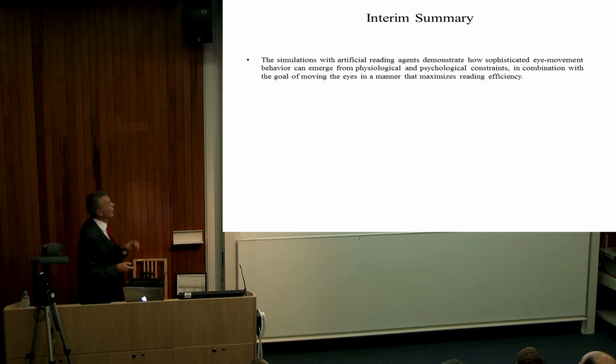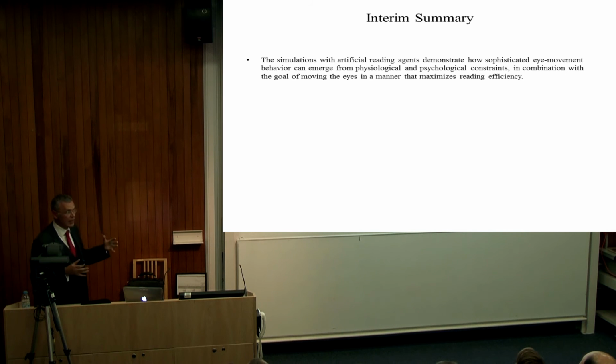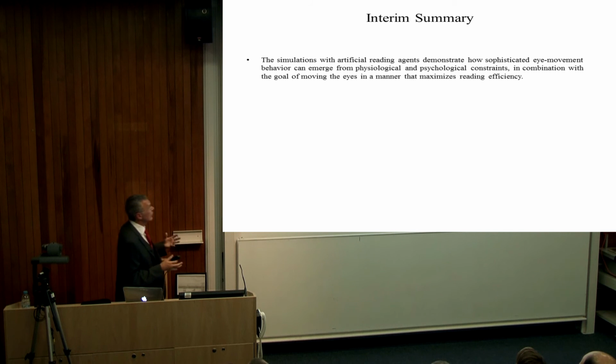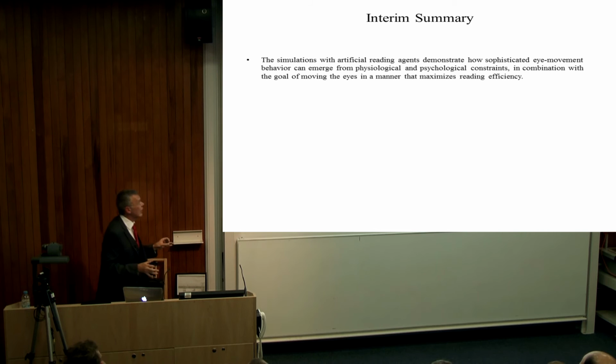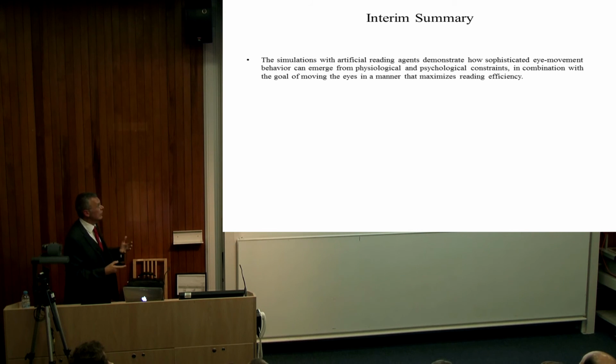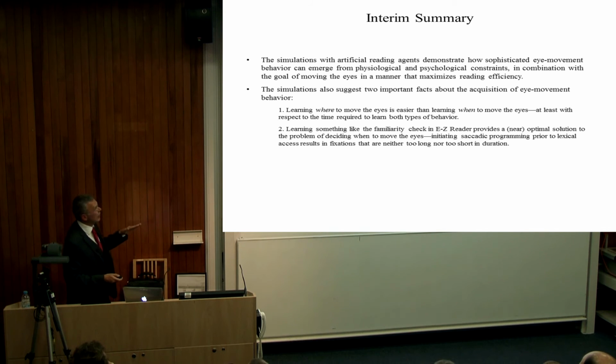Again, interim summary. I think the simulations with these agents demonstrate that these sophisticated eye movement behaviors can in fact emerge from really simple physiological and psychological constraints in combination with the goal of moving the eyes in a way that maximizes reading efficiency. And the points that I kind of hesitated on are these two points.